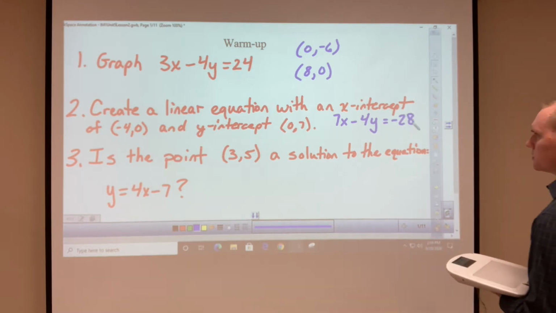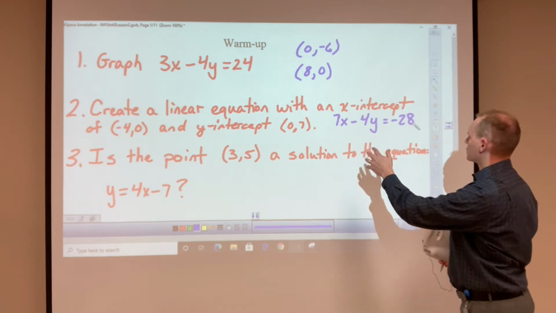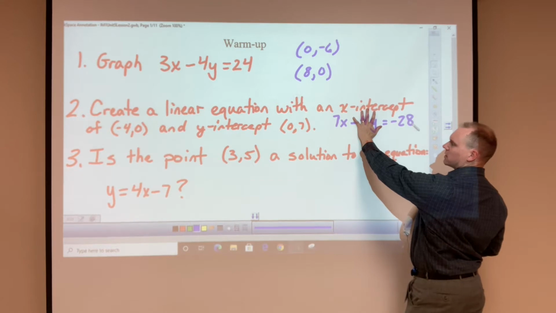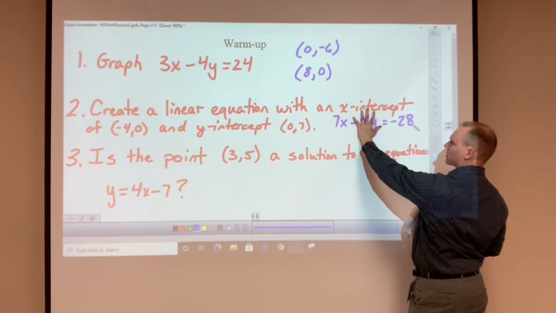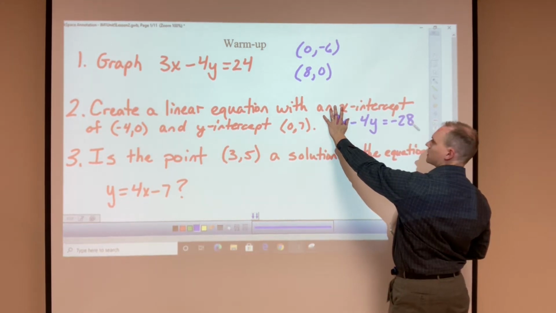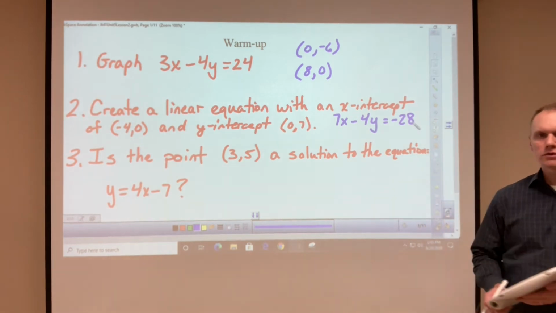Let's just check that. The x-intercept would need to be negative 4. Negative 28 divided by 7 is negative 4. The y-intercept needed to be 7. Negative 28 divided by negative 4 is 7. So that's one of them.